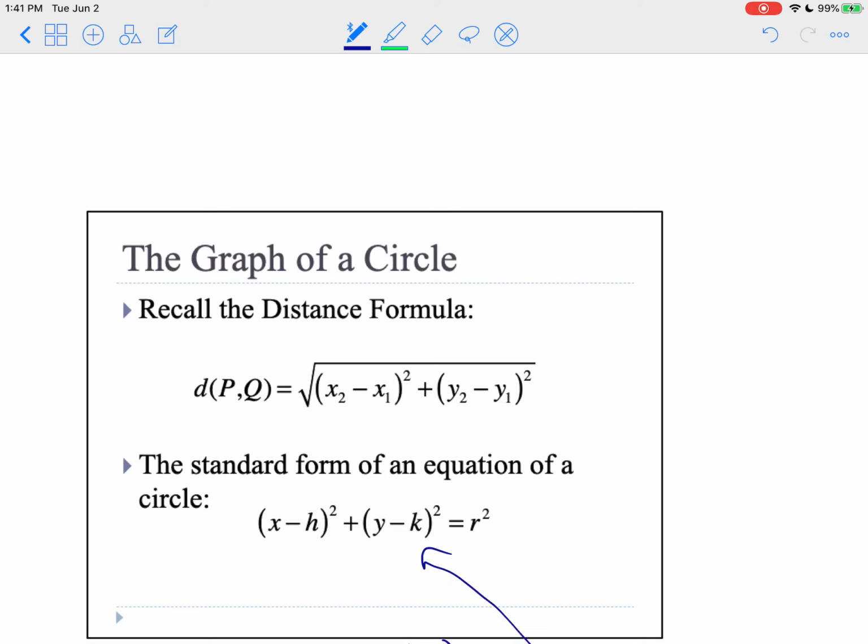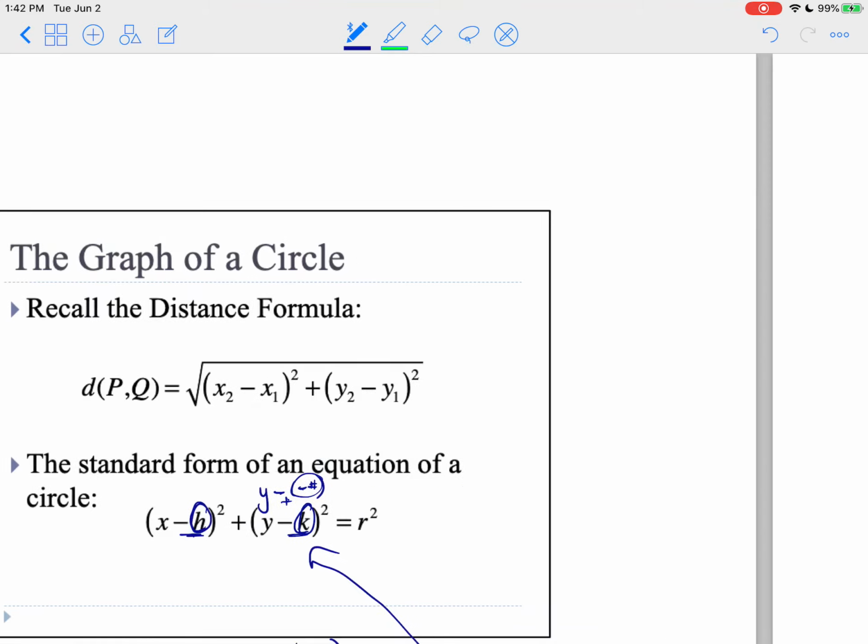The definition is x minus h, so if there's a minus sign, the minus sign is built in, and h is just the positive number, or k is just the positive number. If there's a plus sign, that means we really had y minus some negative number, and the negative became a plus. So if we see a plus in the parentheses, the coordinate I'm looking for is actually negative.